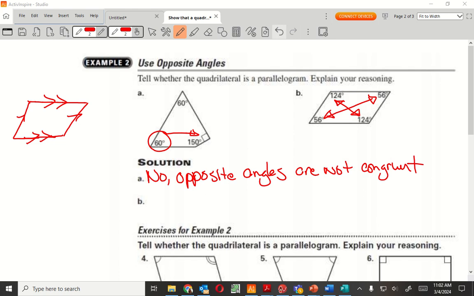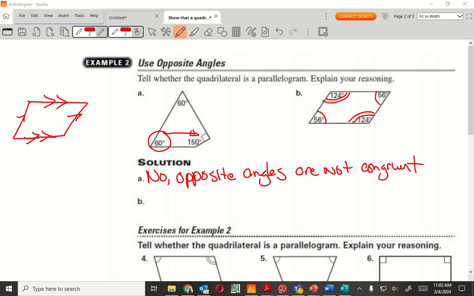So another way I could show congruency is with marks. But if it's marking an angle, it would look like this. It's going to be a single mark, like this, single arc. And then for these ones, it would get a double arc, because the double arcs go together, the single arcs go together.